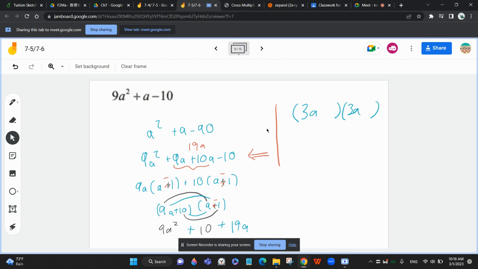But this one we can immediately cross out because no matter what we choose, the middle term should be a multiple of 3. If we expand it out, the a to the power 1 term should be a multiple of 3.